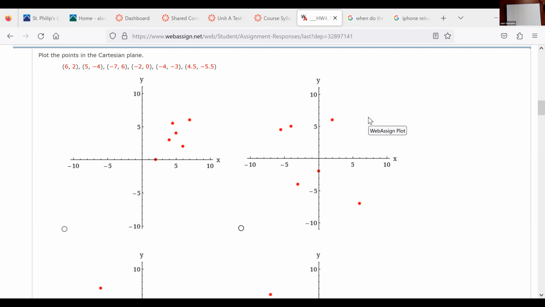And for quadrant 4, we have plus and negative. Looks like little faces, right? x, y, x, y. Just a reminder. Any questions on finding points?